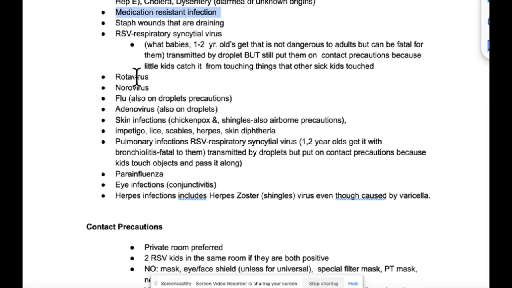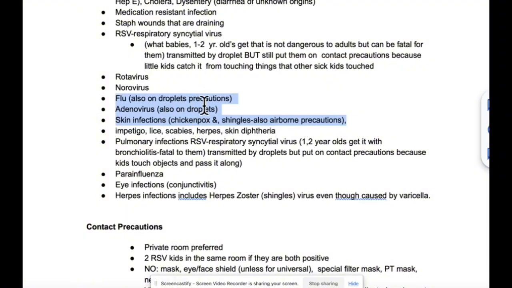Okay. Rotavirus, norovirus, flu, adenovirus, skin infections like chickenpox and shingles. Notice that there are several of these that would also fall under droplet or airborne precautions. And where that happens, you're certainly going to want to first prioritize contact precautions, okay?